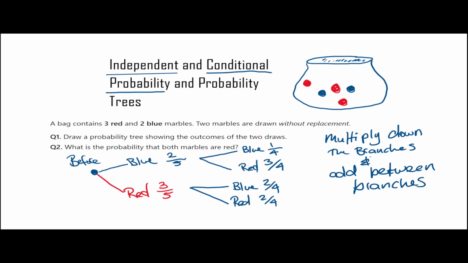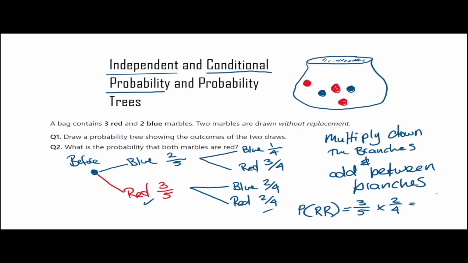Okay, so red, that one and that one. So we multiply the probabilities down the branches. So the probability of getting red is going to be equal to 3/5, which is the probability that we got red the first time, times 2/4.